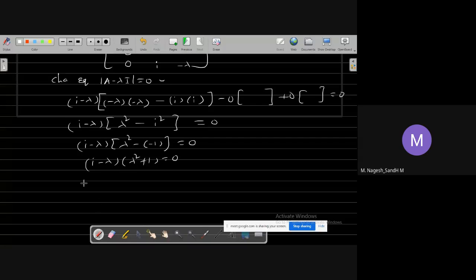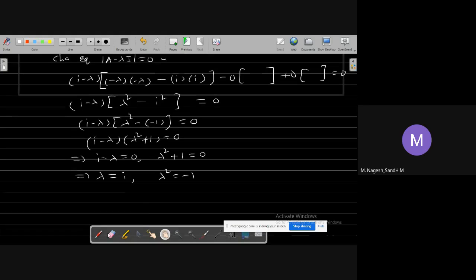Now its roots: i minus lambda equal to 0, lambda square plus 1 is equal to 0, which implies lambda equal to i, and lambda square is equal to minus 1. That is nothing but lambda is equal to plus or minus under root minus 1, which is plus or minus i.